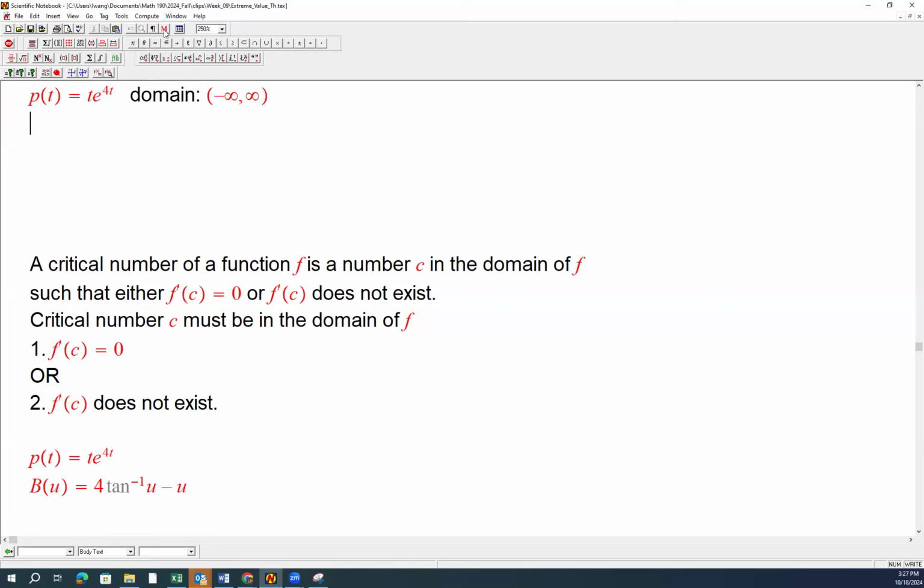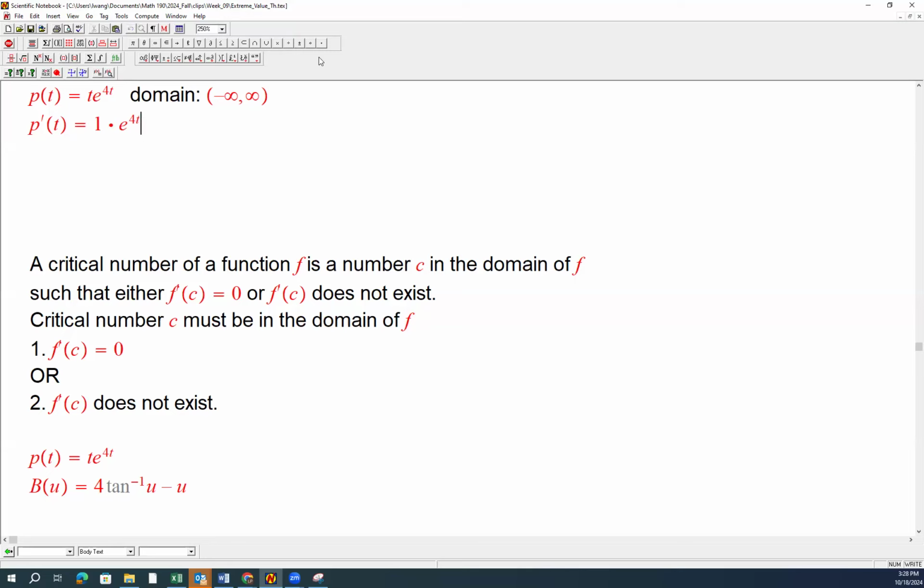So the derivative should give us a product rule, right? The derivative of t is 1, times e to the power 4t.